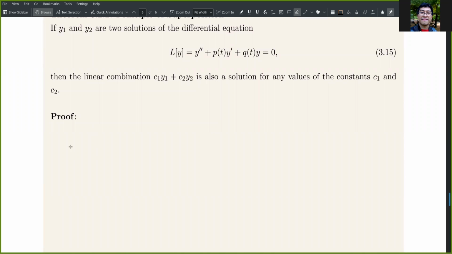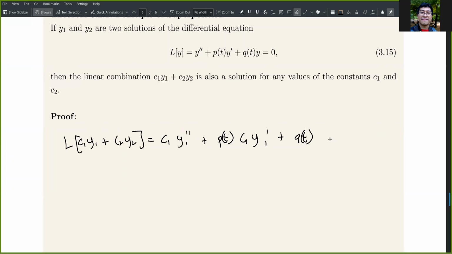We can write it simply as, if you apply L to C1y1 plus C2y2, that's simply C1y1 double prime plus p(t) C1y1 prime plus q(t) C1y1, plus C2y2 double prime plus p(t) C2y2 prime plus q(t) C2y2.